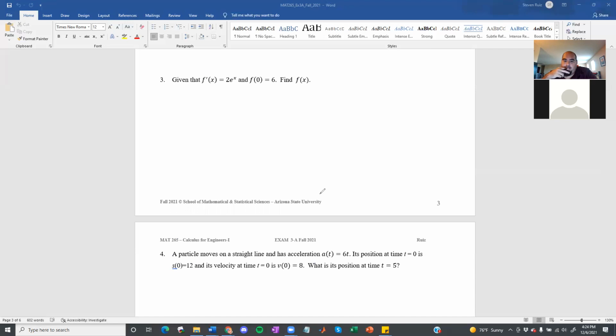Oh, okay. So the antiderivative of 2e to the x is just 2e to the x. So f of x is equal to 2e to the x plus c. That's why that 0 is in there. And then you make that equal to 6.